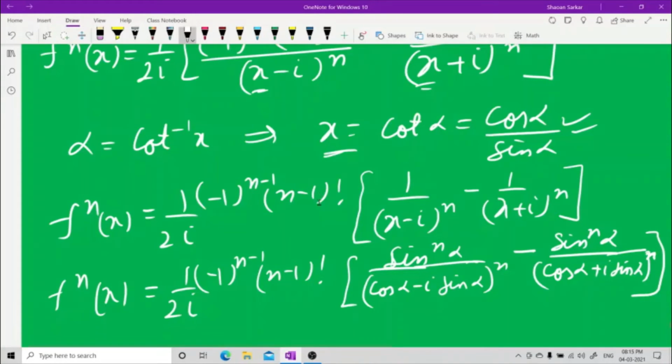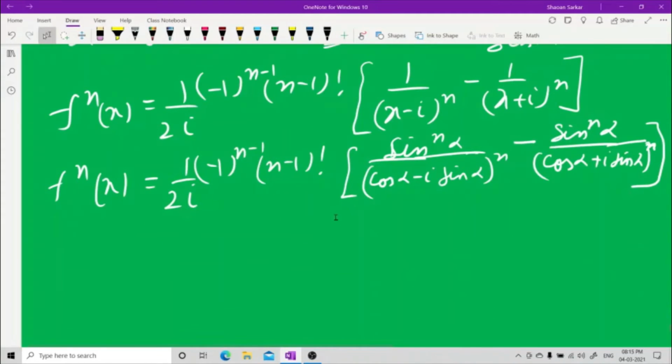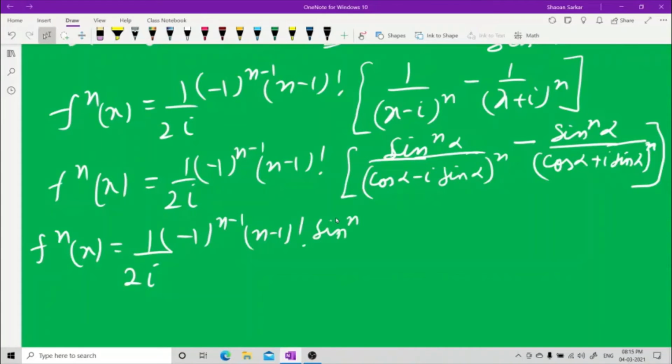Now you have this, take sin^n alpha out. f^n(x) is equal to 1 upon 2i, (-1)^(n-1) (n-1)! sin^n alpha, and this will go on the top.